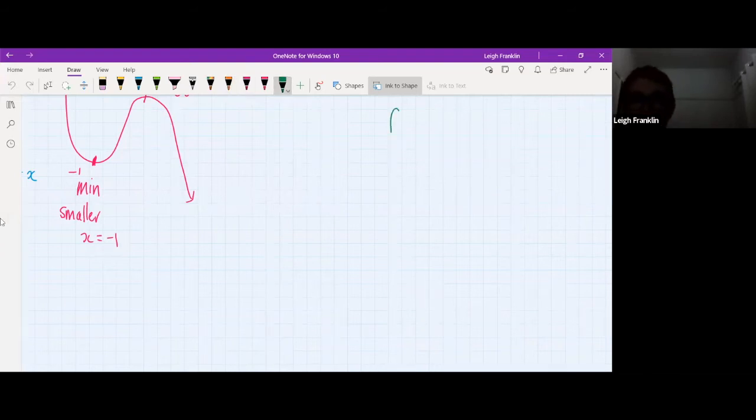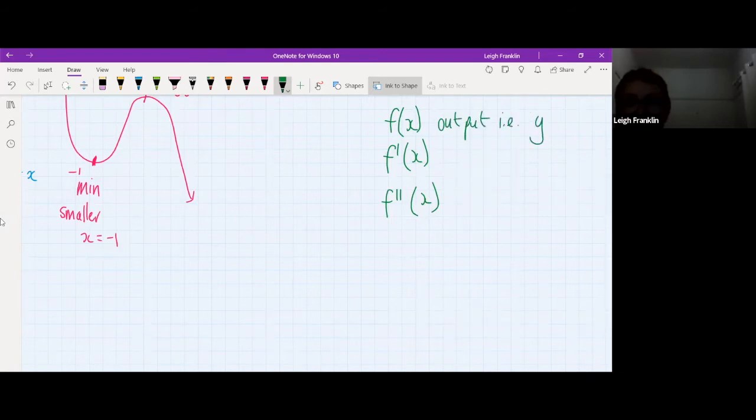We look at y, which is f of x. We look at gradient, which is f prime x. And we look at concavity, which is f prime prime x. So this is output, or y. This is gradient. And this is concavity.